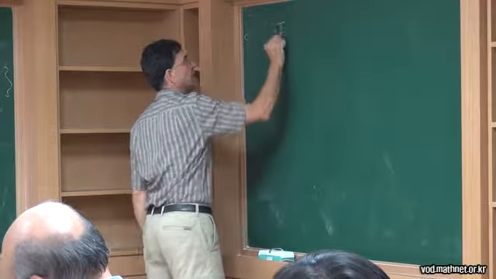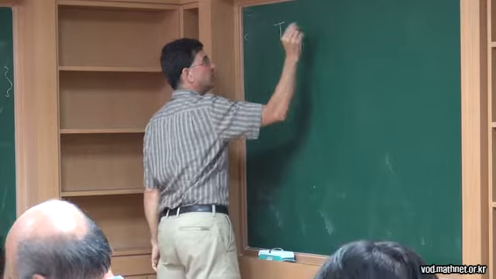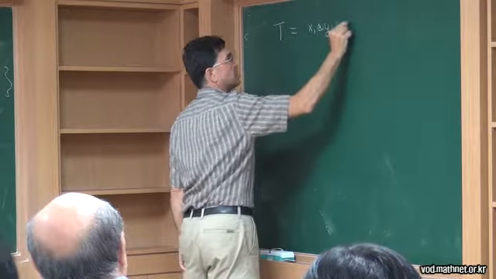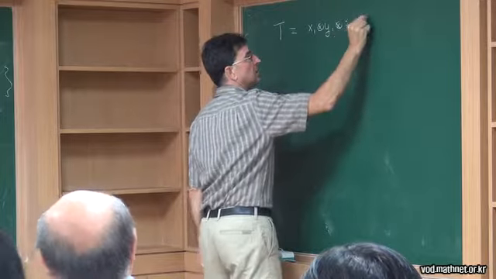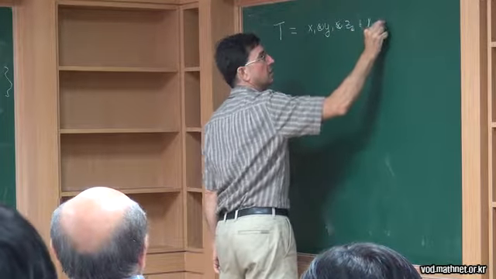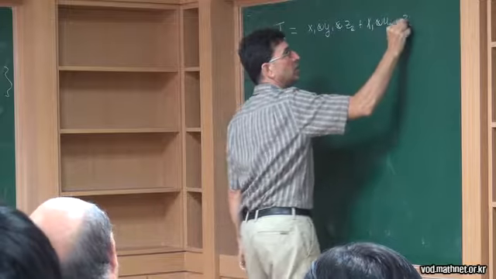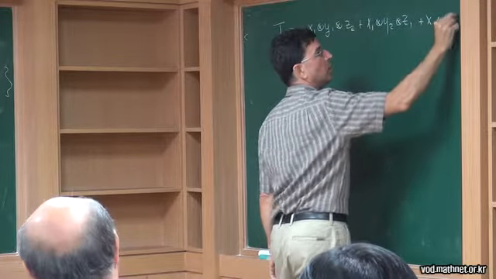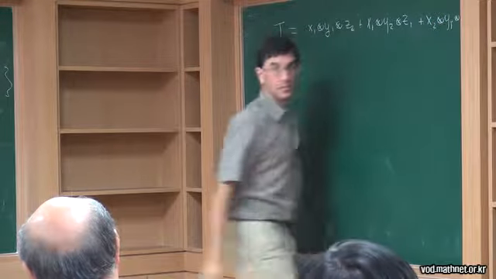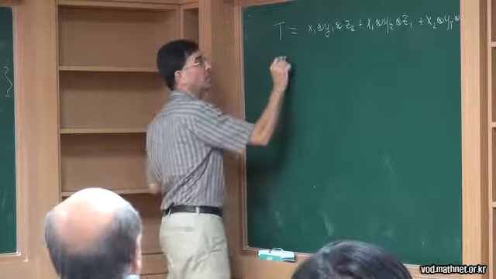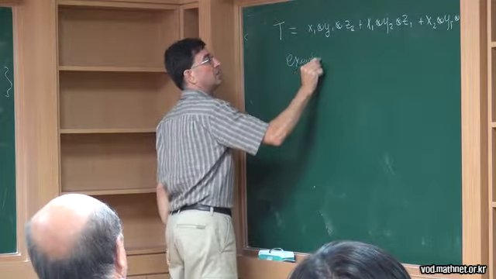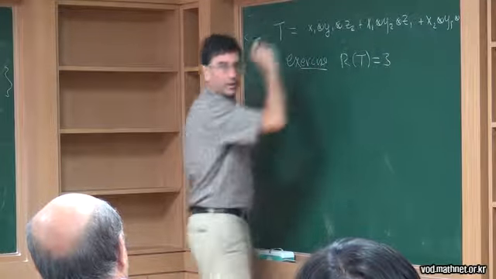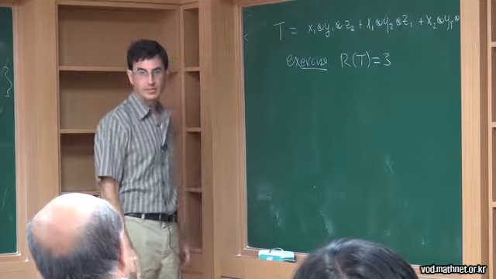But let's look at T equal to x1 tensor y1 tensor z2 plus x1 tensor y2 tensor z1 plus x2 tensor y1 tensor z1. Exercise: R of T is equal to 3. You cannot improve this.